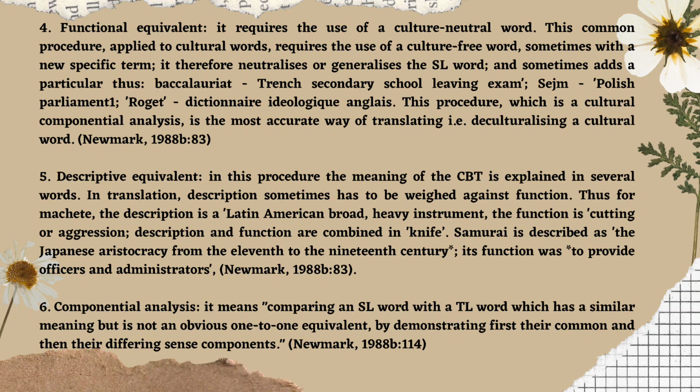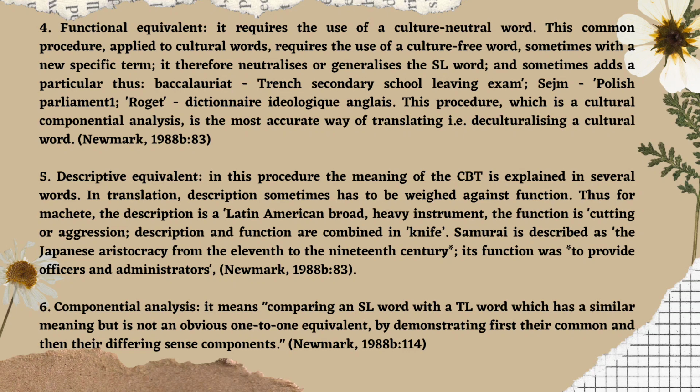5. Descriptive equivalence. It is a procedure in which the meaning of the cultural word is explained in several words. In translating, describing something sometimes has to be weighed against function. Thus, for machete, the description is a Latin American broad, heavy instrument.